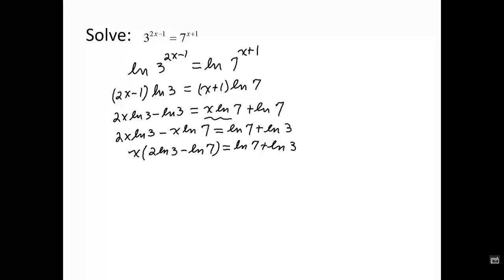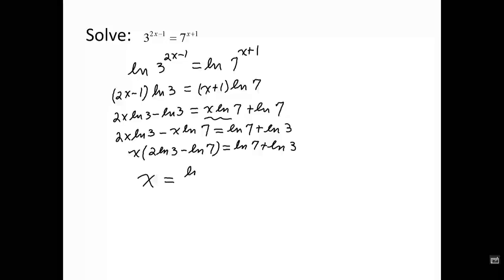All right, solving for x, we need to now divide both sides by 2 times the natural log of 3 minus the natural log of 7.